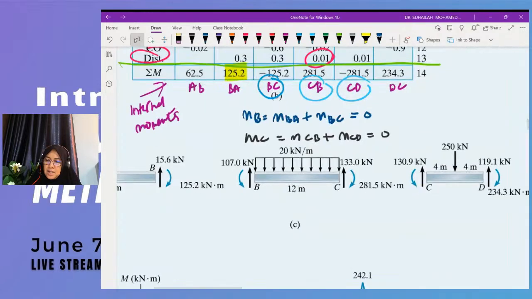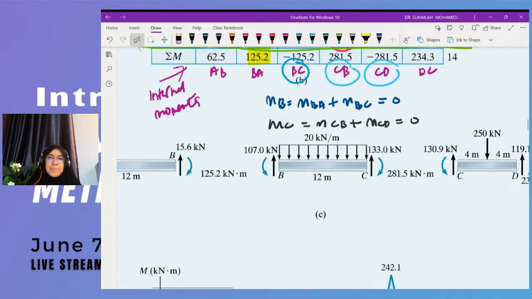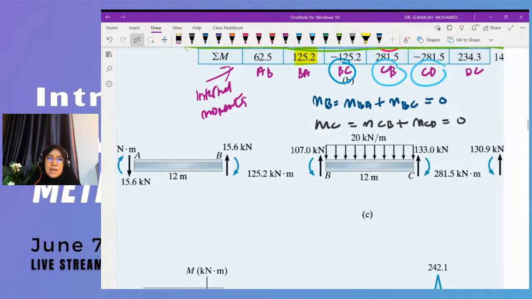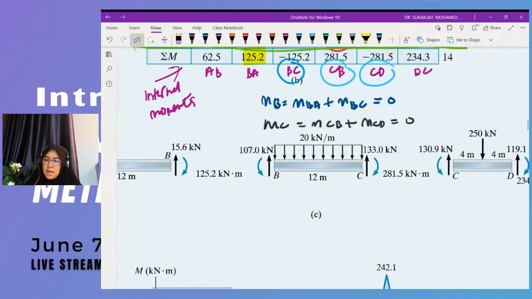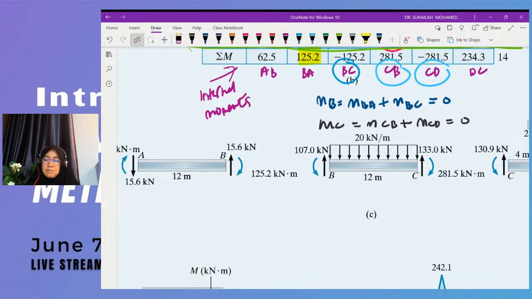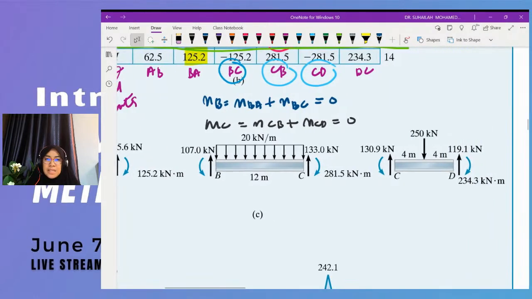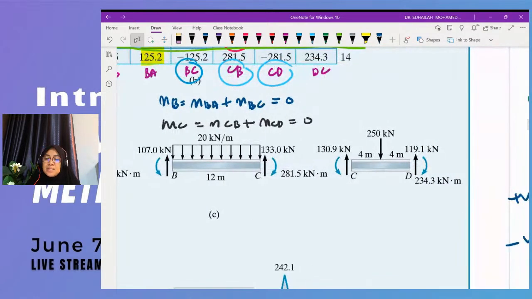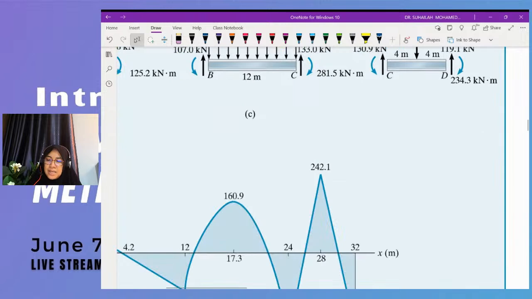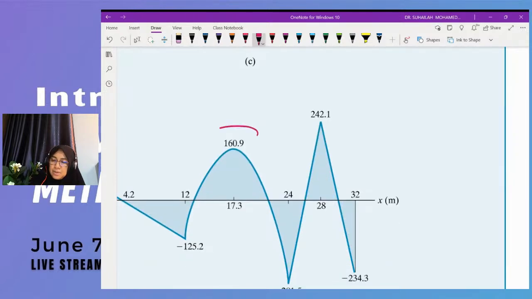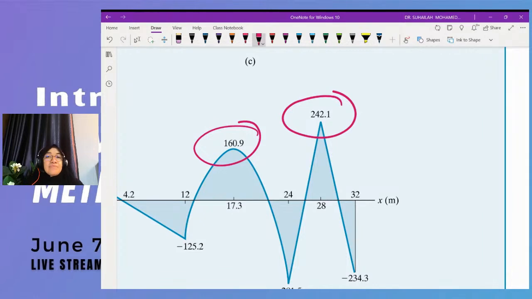Actually in this example, the shear value is also calculated using the static equilibrium. So using the shear value, we draw the shear force diagram, and that is why in this case we can see that the maximum moment has a value.